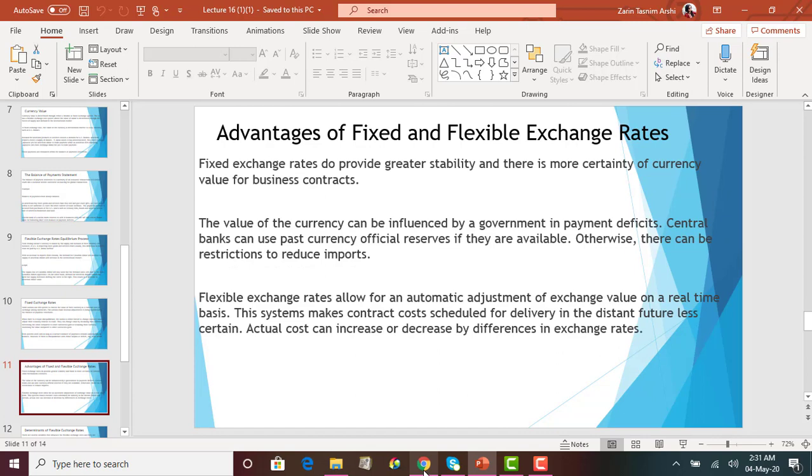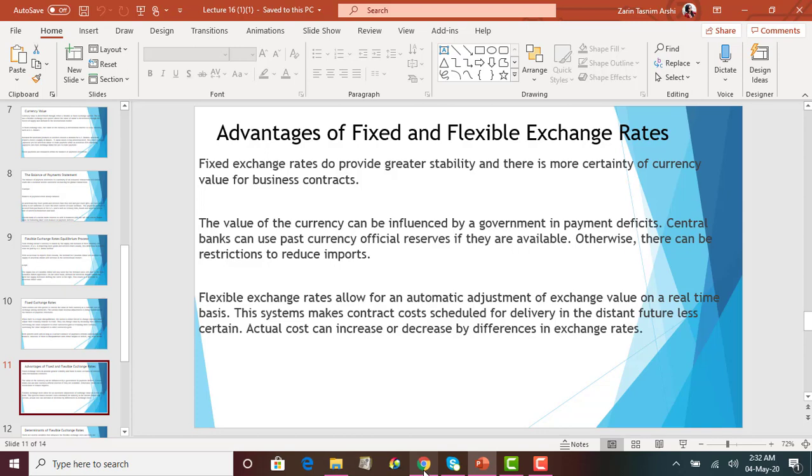So fixed exchange rate systems provide greater stability because we know that it's not changing, it's going to be fixed. So we know what the rate is, so it provides greater stability, and there is more certainty of currency value for business contracts, right? So after 2-3 years, the value will not change a lot.